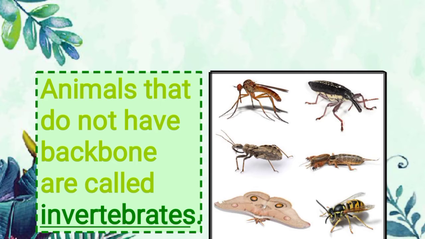For example, insects such as cockroach, ant, and worms, and animals such as slug and snail. An insect has 6 legs and its body is divided into 3 parts: head, thorax, and abdomen. Most insects have a hard outer covering made up of a material called chitin. A few insects such as mosquitoes and butterflies can fly.